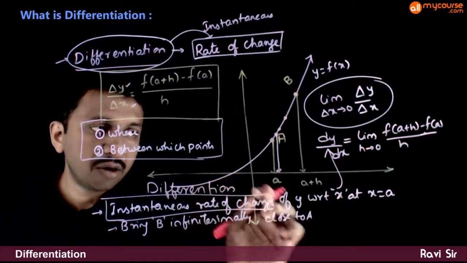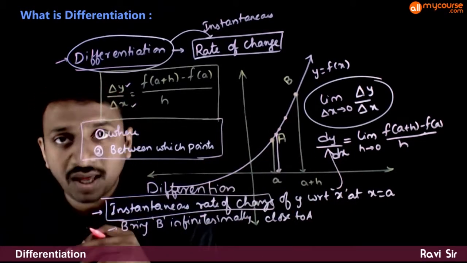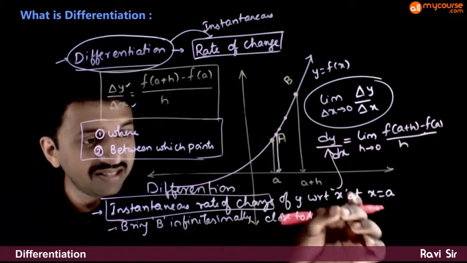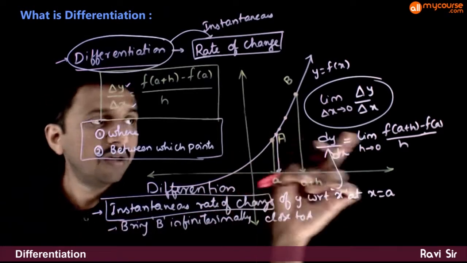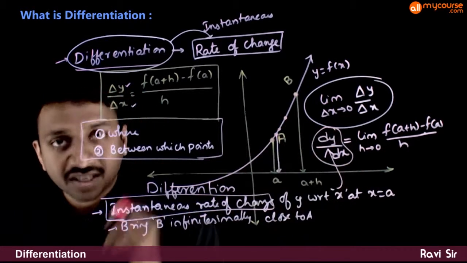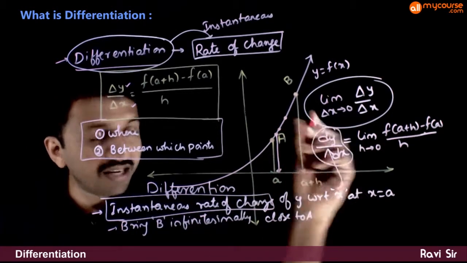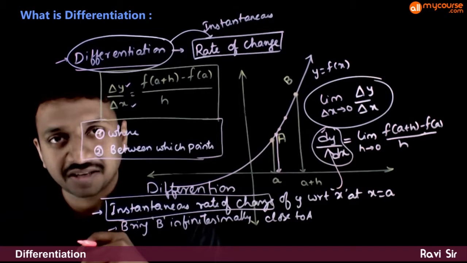So differentiation of y with respect to x at x is equal to A is nothing but the instantaneous rate of change of y with respect to x at x is equal to A, that is equal to, usually denoted as dy by dx. Dy means the infinitesimally small change in y by infinitesimally small change in x.